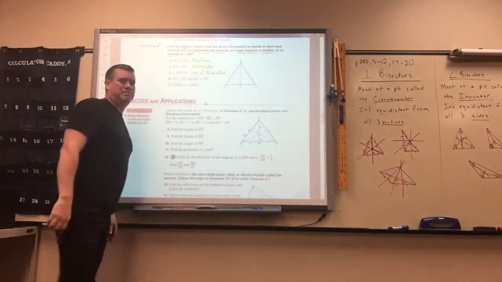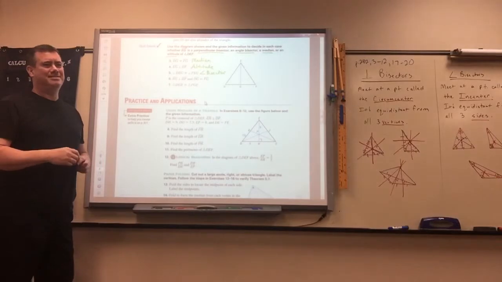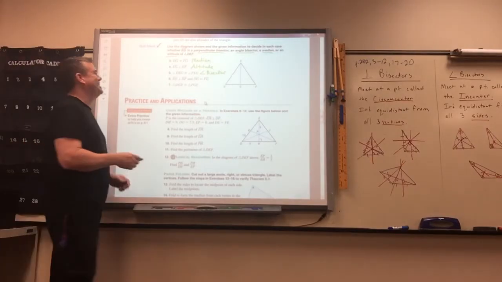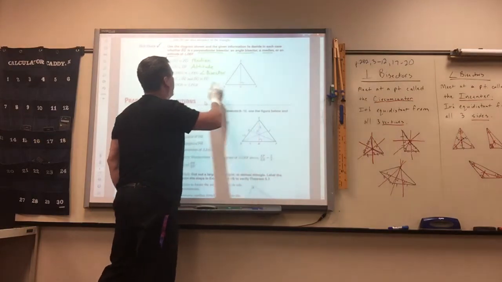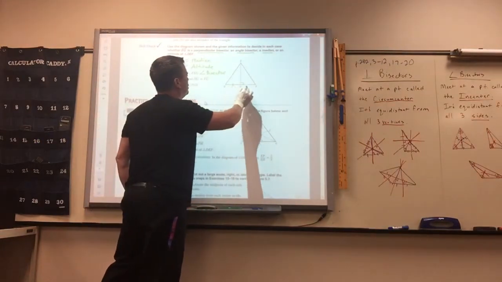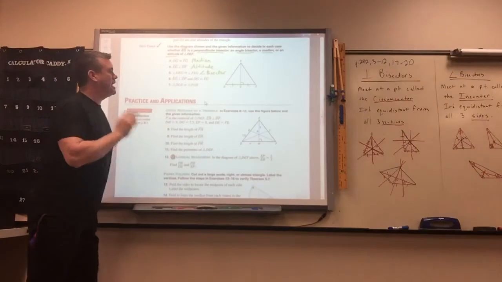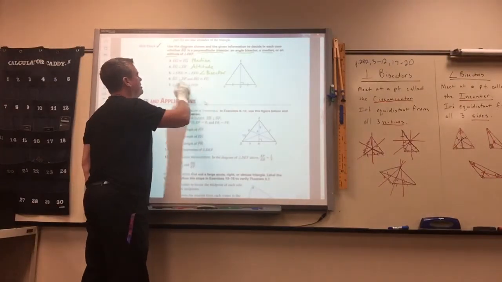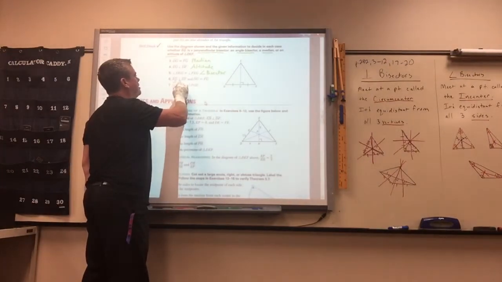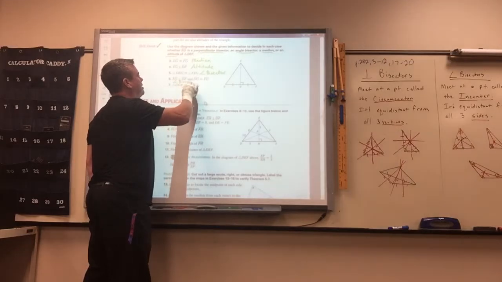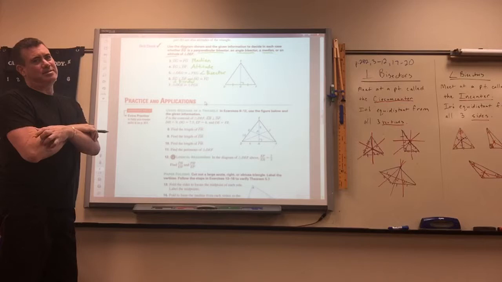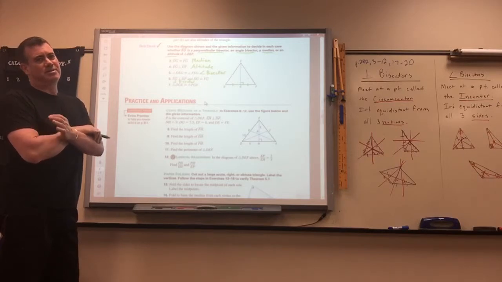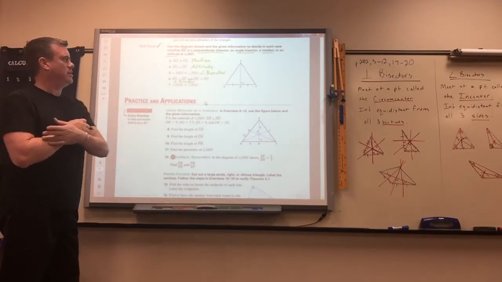Here, EG is perpendicular to DF, and DG is congruent to FG. That's a perpendicular bisector. It can be more than one thing. What else is true of these four things?